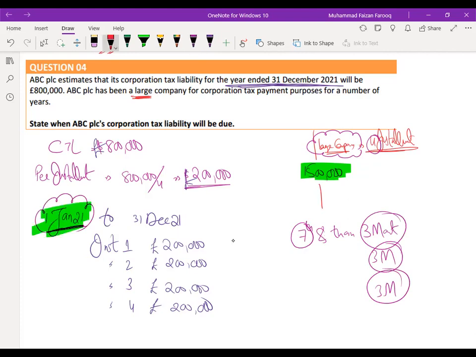Look, for the not a large company, we started at the end of the year. But here, for a large company, it must start from the beginning of the year. And the first installment will be on the 7th month from the start of the year.